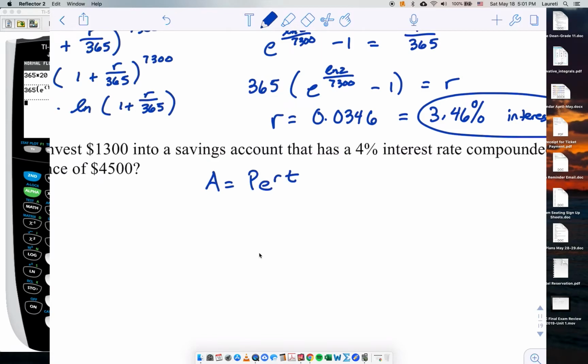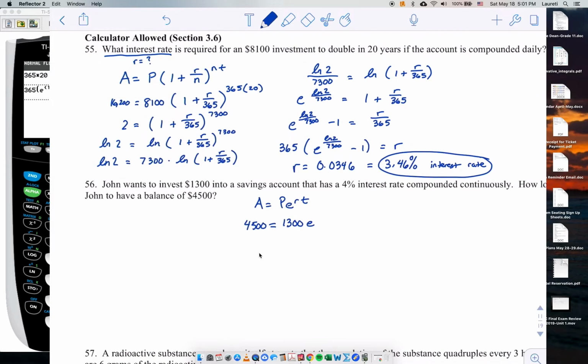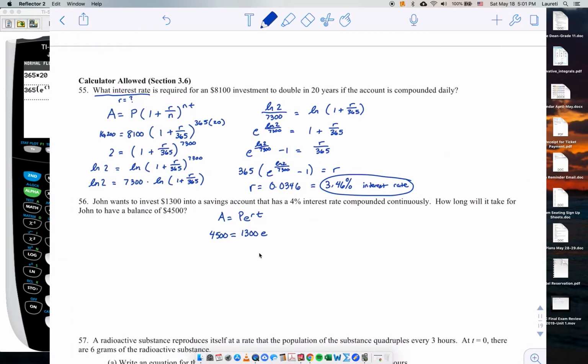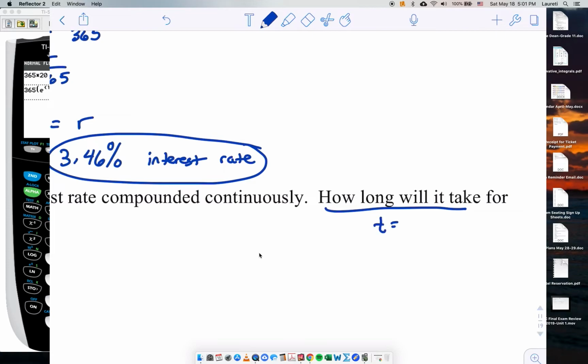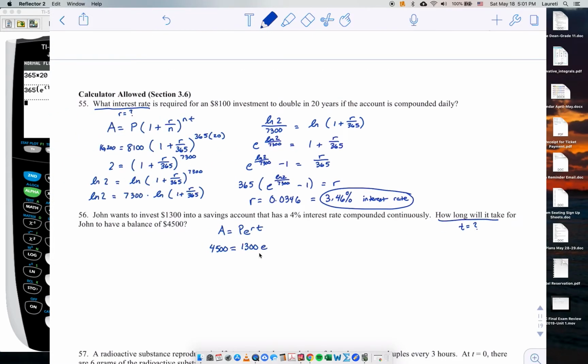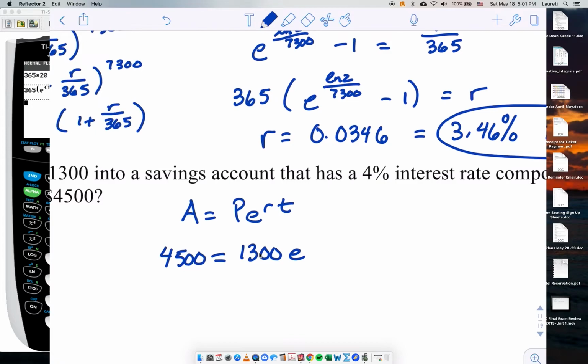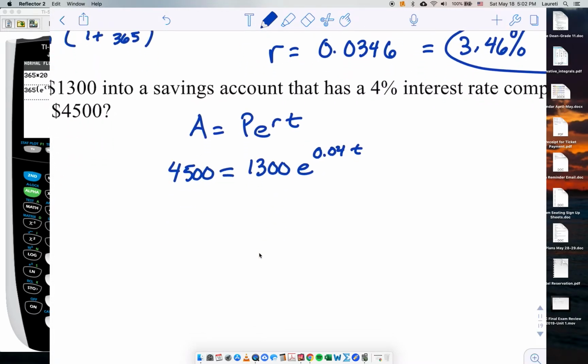We want to reach 4,500, so that goes on this side, and we're starting with 1,300. We're trying to figure out how long it will take, so I'm solving for t. We have a 4% interest, so 0.04t. And I'm just going to solve for t now.